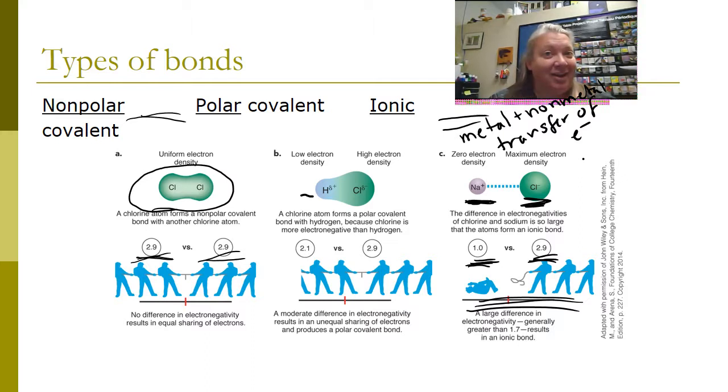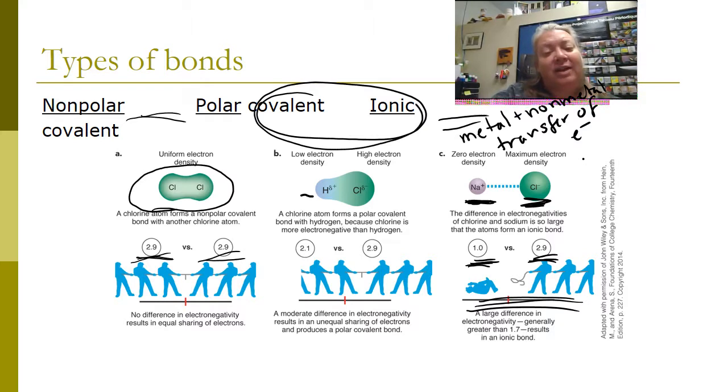And then we have kind of in between that gray area that everyone likes to talk about, we've got the polar covalent. Covalent, they're sharing. Polar, it's unequal. If we look at the electronegativity numbers, they're different from one another. They're not so extreme as the ionic. Usually if the difference between those numbers is like 1.7, they say that it's ionic.